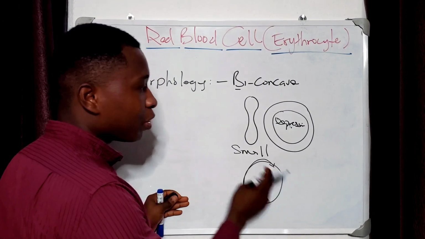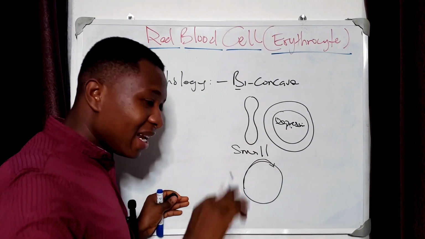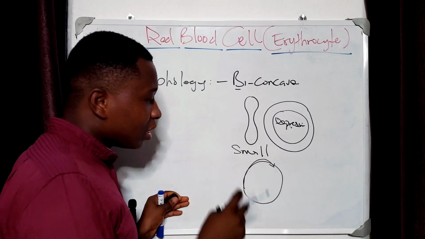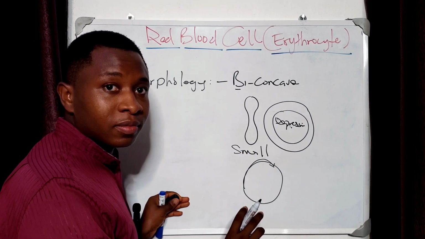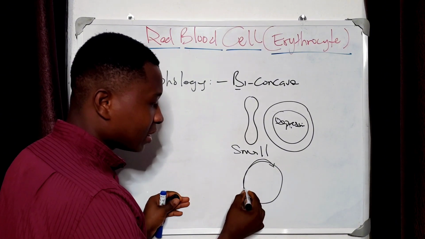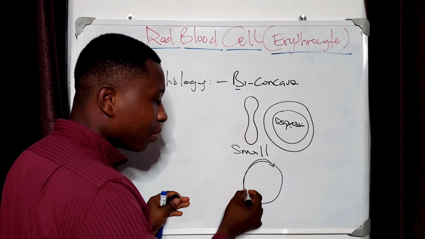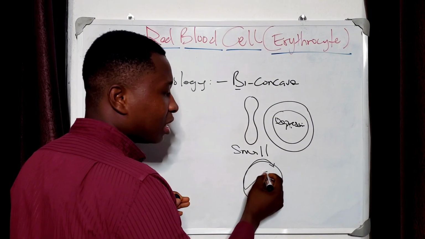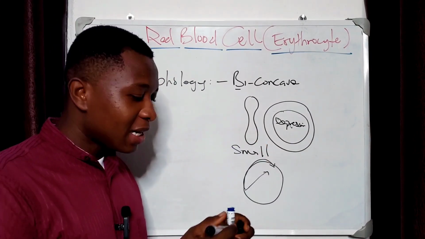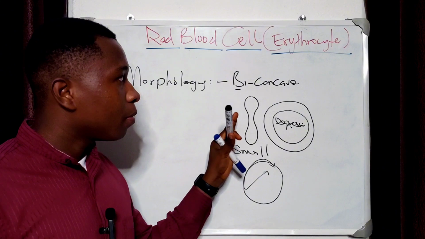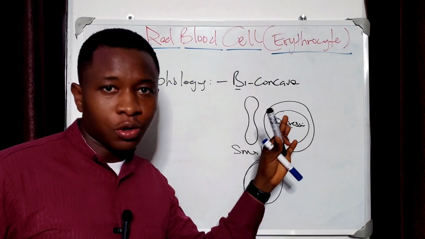But for the red blood cell, because it is biconcave in nature and it has a depression, the surface area is large, and the distance between where the molecule enters and the cytoplasm is very short for the red blood cell. So these are the benefits of being biconcave in nature.